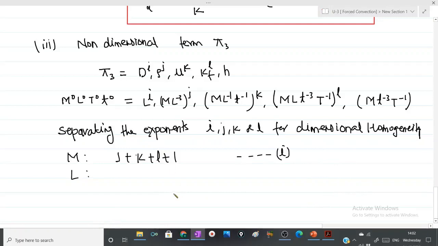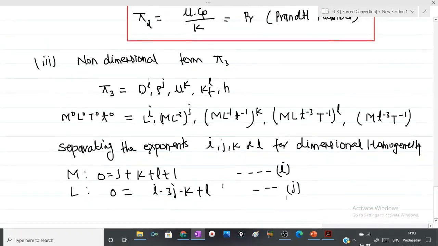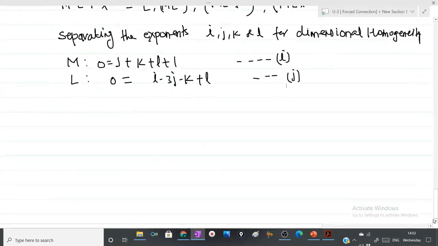For length L, I can write it as, sorry, 0 is equal to i minus 3j minus k plus l. Let's say this is equation number J. For capital T temperature, 0 is equal to minus l minus 1.